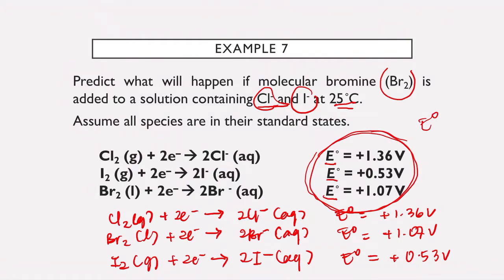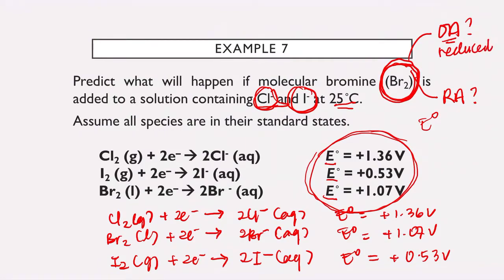So what I would do is ask myself what will happen to Br2 with these two. Will it act as an oxidizing agent? Will it act as a reducing agent? In order for Br2 to act as an oxidizing agent, it has to be reduced, in order for the other substance to be oxidized.